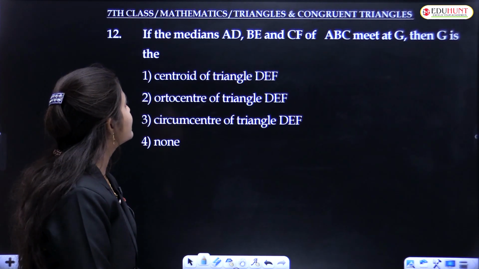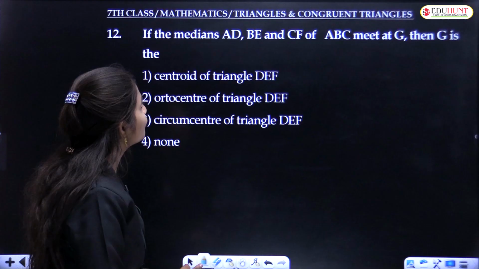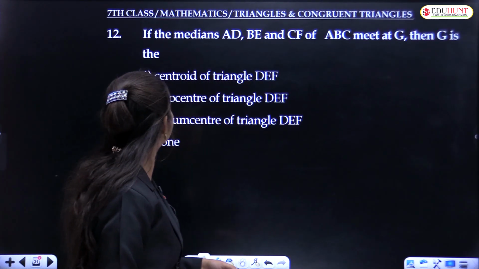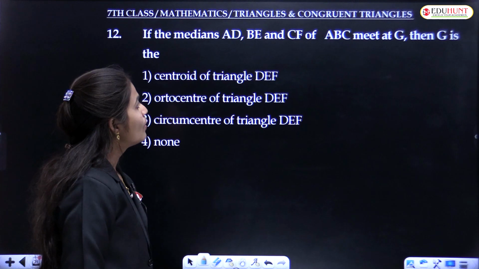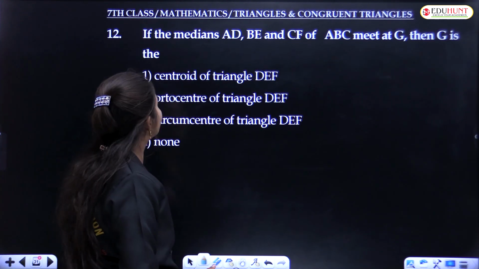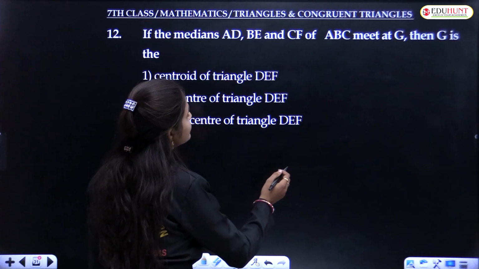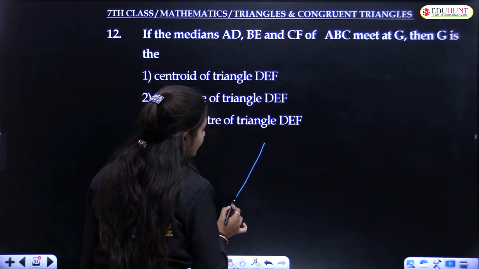Next one. If the medians AD, BE and CF of triangle ABC meet at G, then G is the. Let's see this question. First, see what they have given: the medians AD, BE and CF, so we take the triangle.